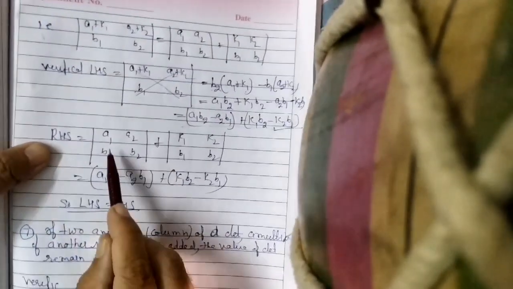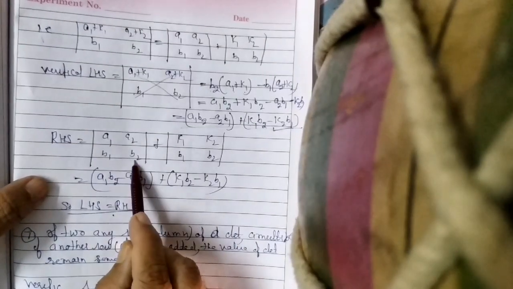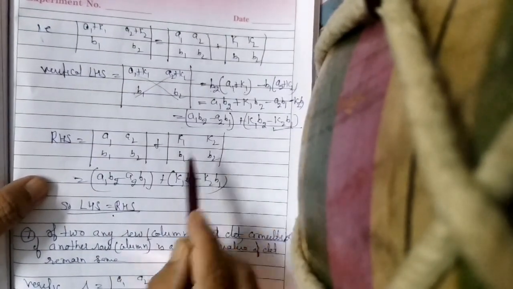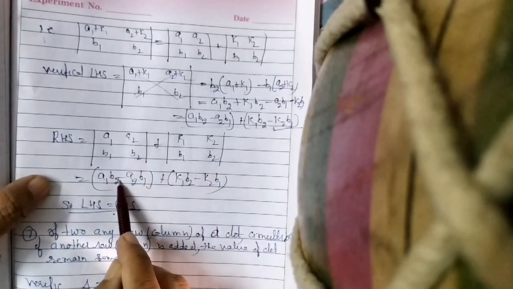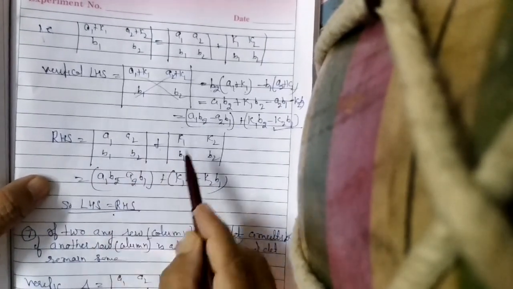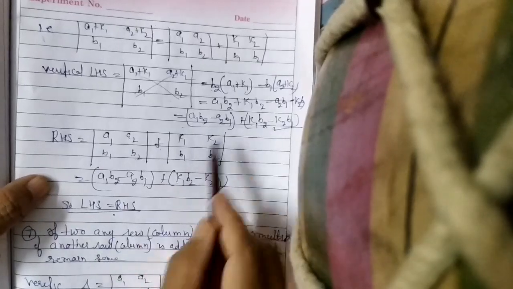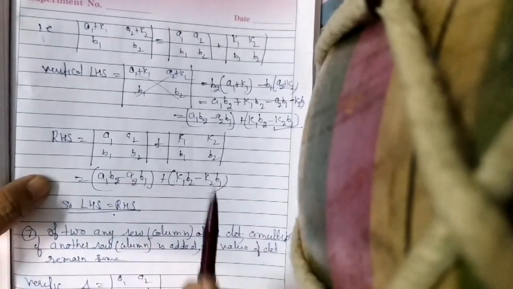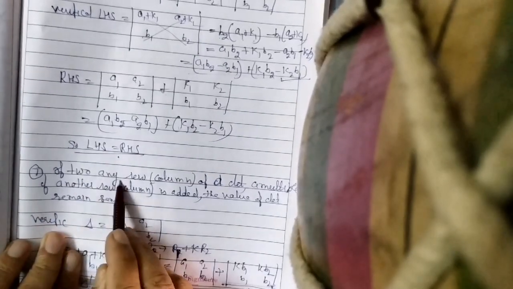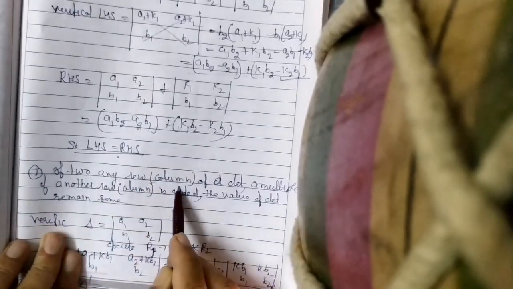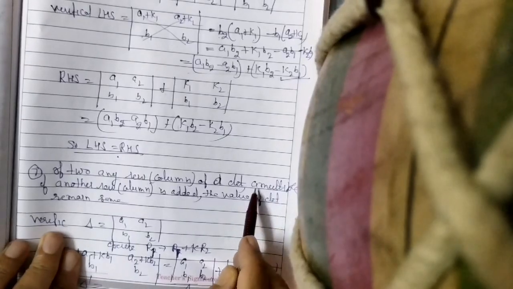Now the right hand side is A1, A2, B1, B2 plus K1, K2, B1, B2. This becomes A1 B2 minus A2 B1 plus K1 B2 minus K2 B1. Here LHS equals RHS. Therefore, properly verified.